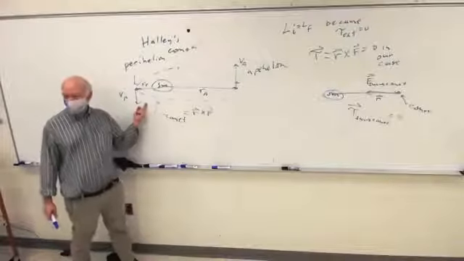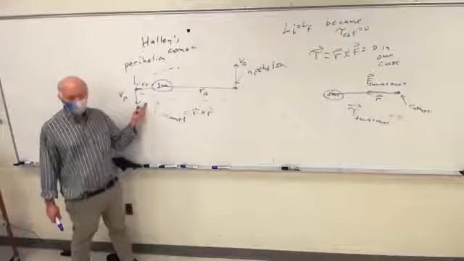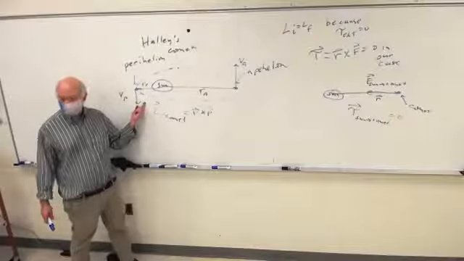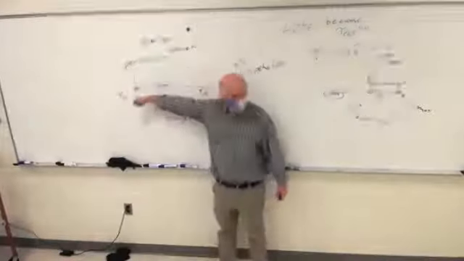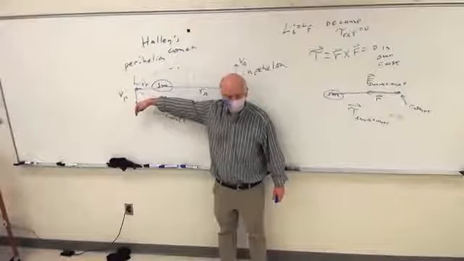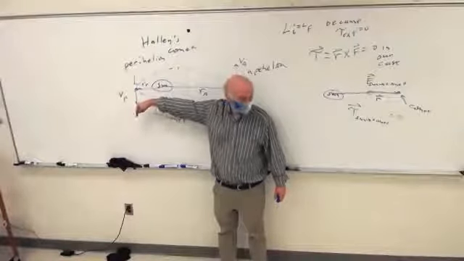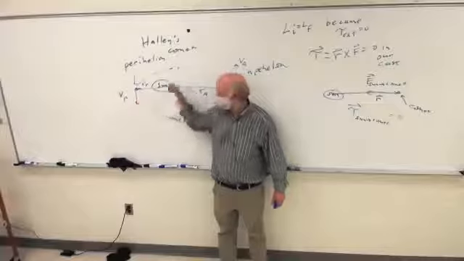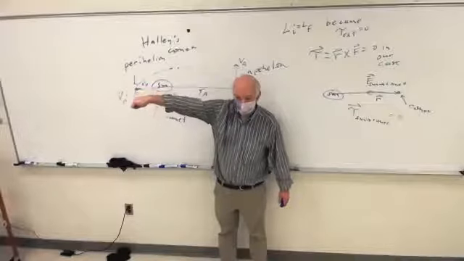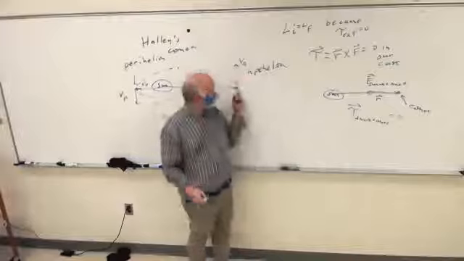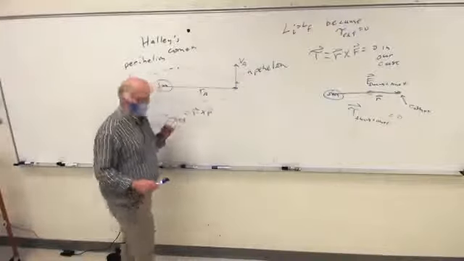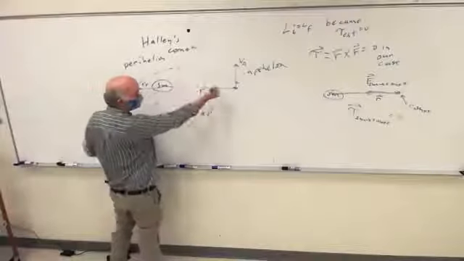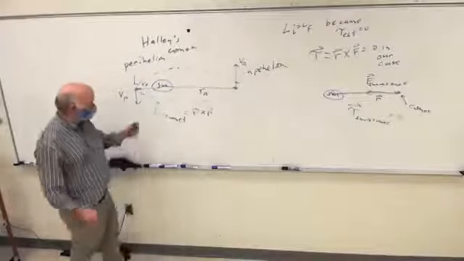Up, down, right, left, in, out? Everyone agree? Let's do it. This is R cross P. Why does P go down? Because that's where it's moving. The velocity is going down, so the momentum has to go down. R cross P, thumb's coming out. So the L over here, it better go out as well, does it? Yeah, R cross P is coming out. So let's go look at the magnitude of this guy.